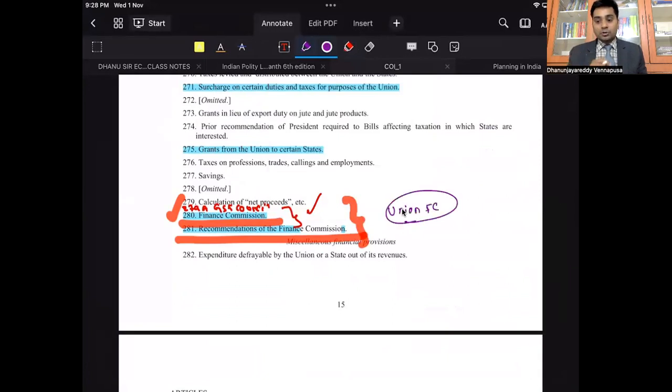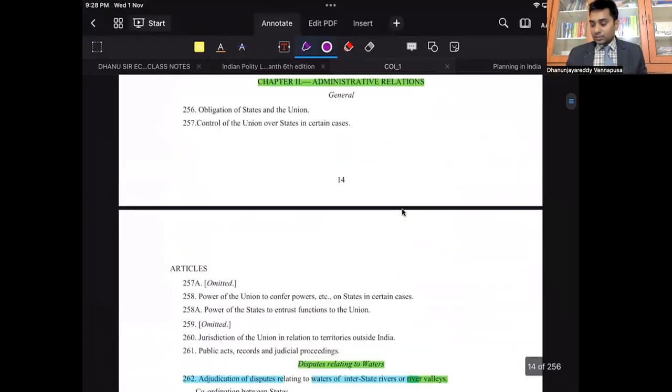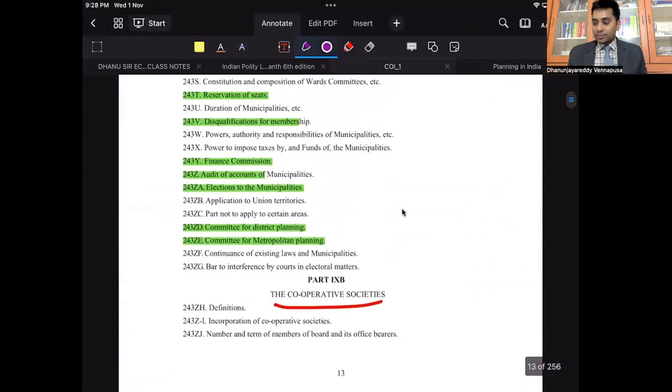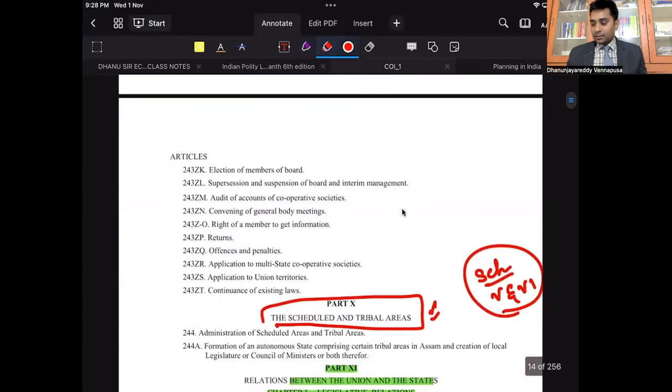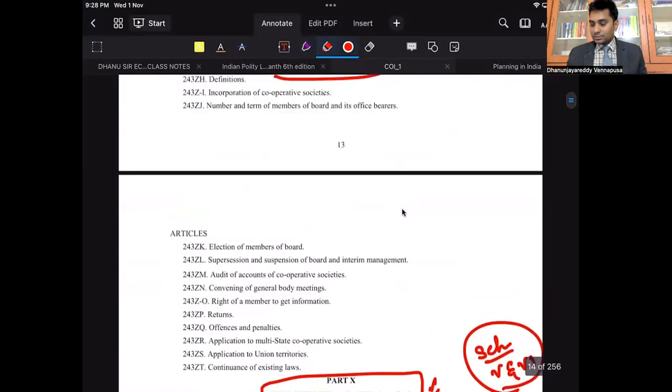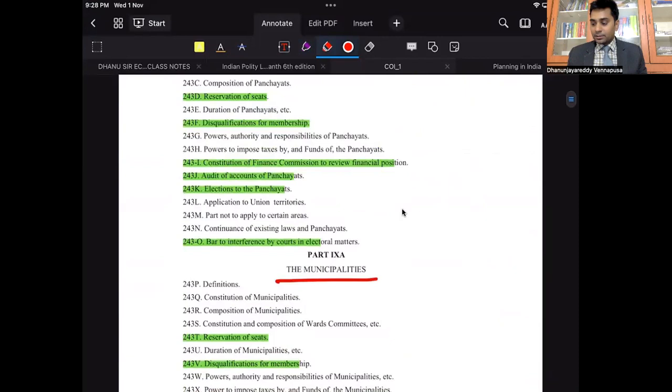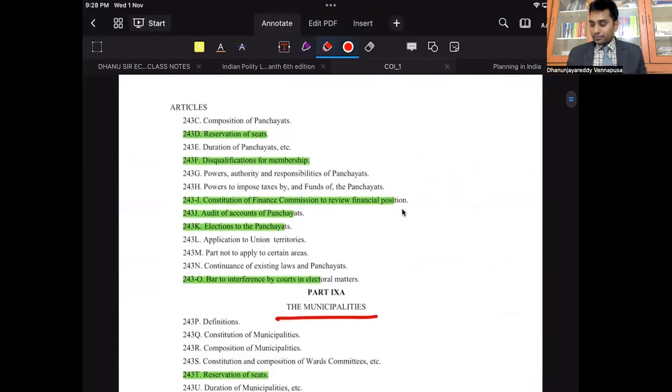In India, you also have the State Finance Commission under Panchayats and Municipalities. If you look at the chapter on Panchayats and Municipalities, there also you have Finance Commissions. For example, under Panchayats, Article 243I discusses the State Finance Commission. The same thing in the Municipalities, Article 243Y discusses the State Finance Commission.